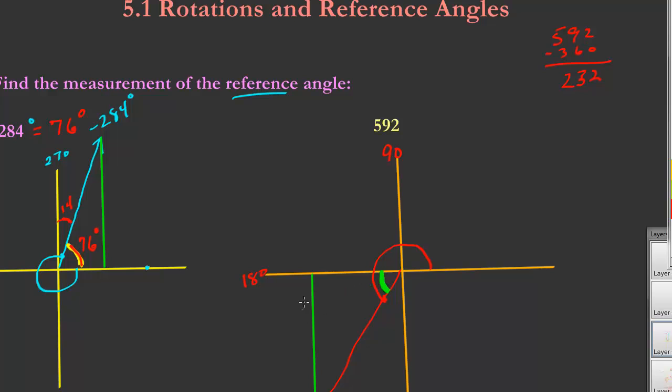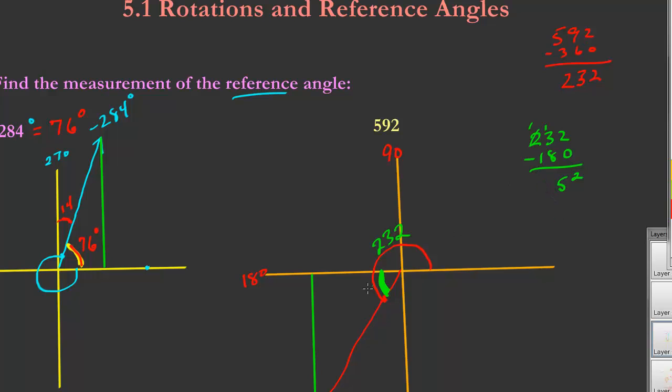The angle that's opposite this green side here. You're trying to figure out what that angle is. So let's try to do that. This is 232. So it goes past the 180 how many times? Well, that would be 232 minus 180, which would be, let's see, carry the 1, that's 52 degrees.